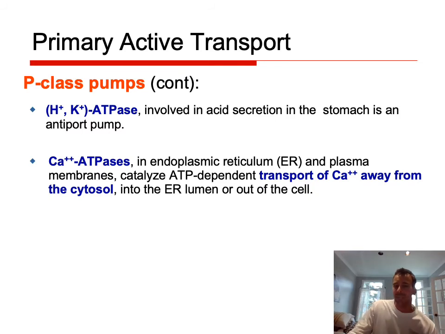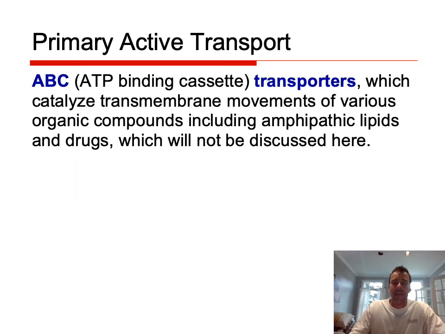Some other examples of P-class pumps, specifically in the stomach, we use some hydrogen-potassium ATPases. These are involved in acid secretion. Calcium ATPases are found in the endoplasmic reticulum and plasma membranes. Some other examples besides P-class pumps, there are ABC, ATP binding cassette type transporters.